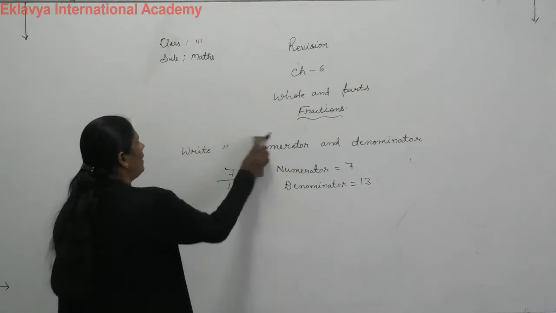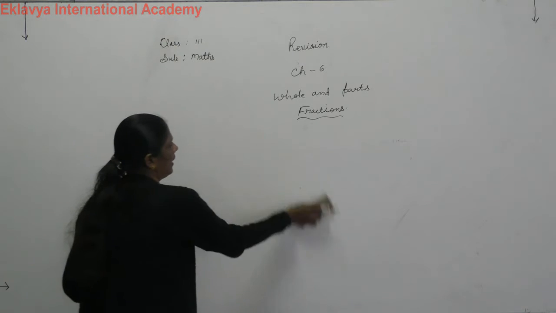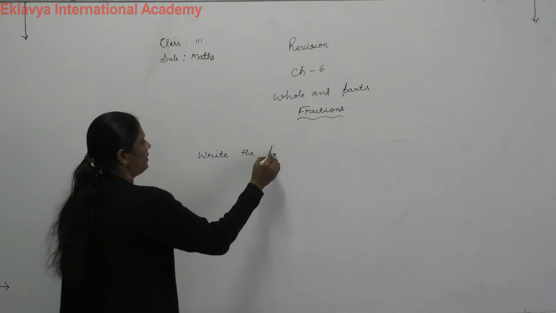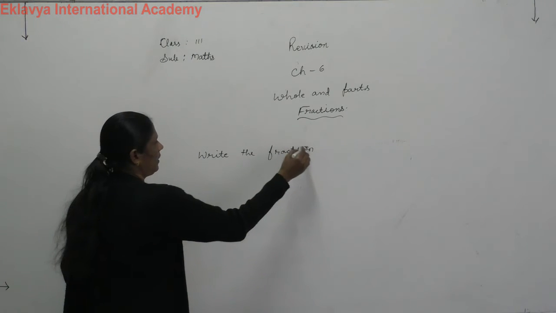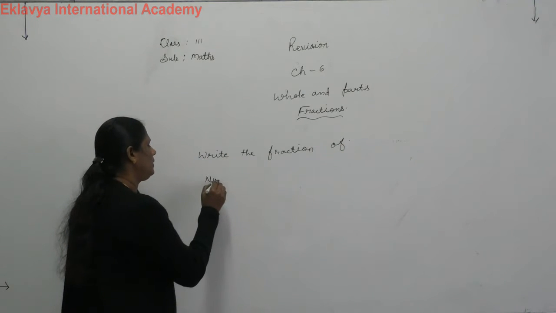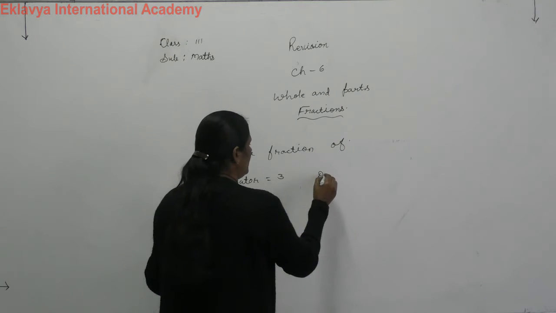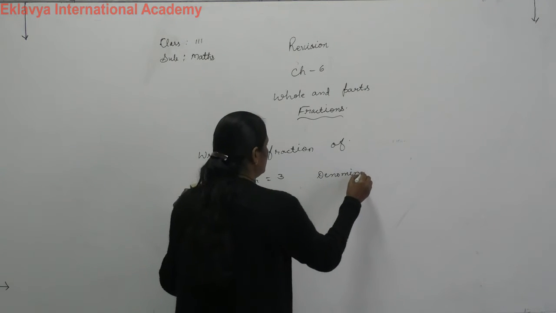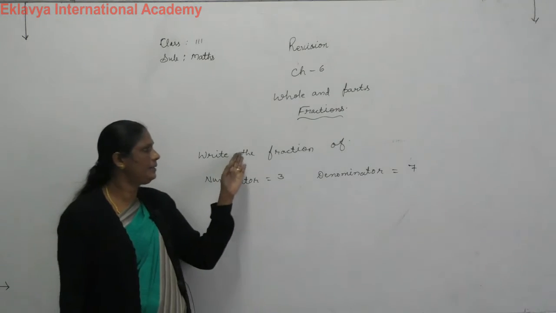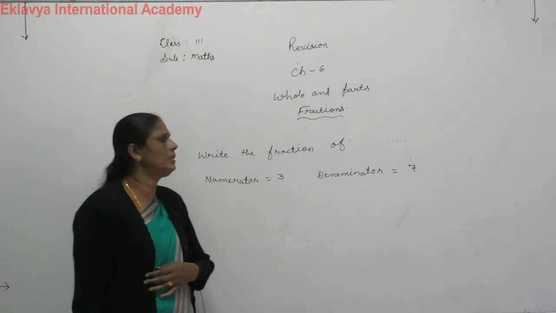Understand? Next, write the fraction. Write the fraction of numerator is equal to 3, denominator is equal to 7.